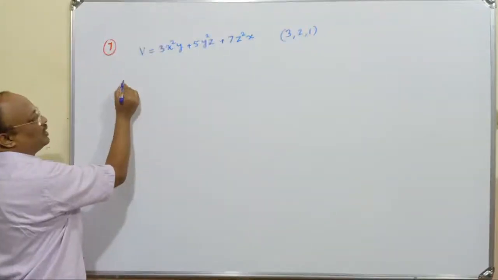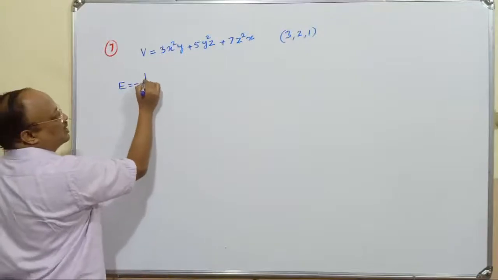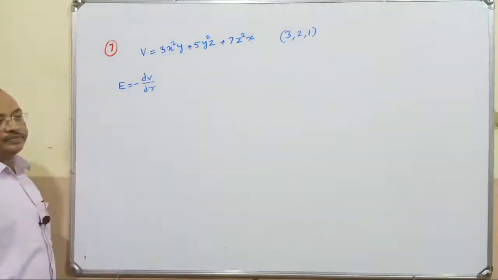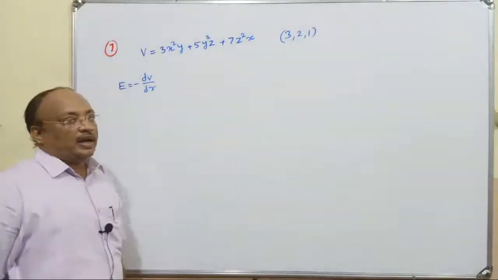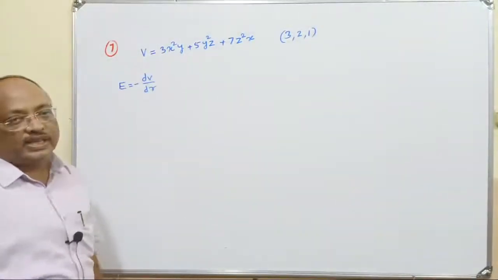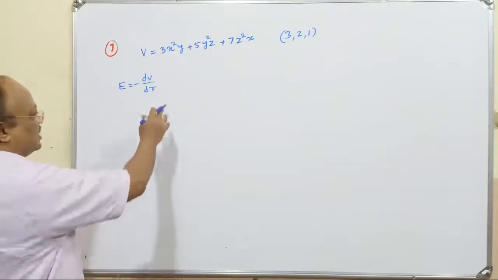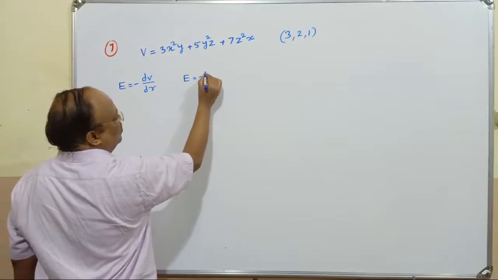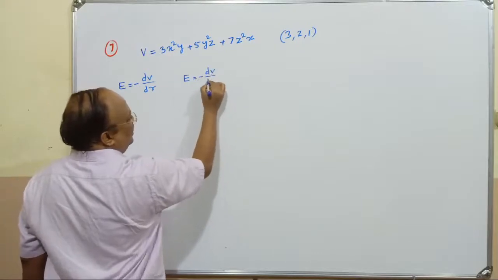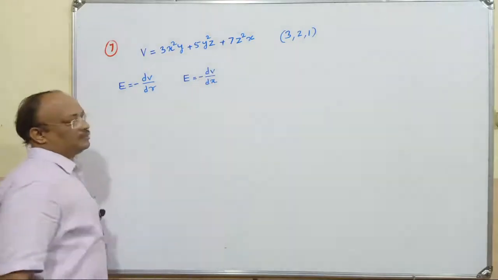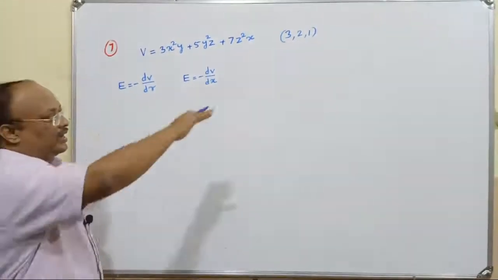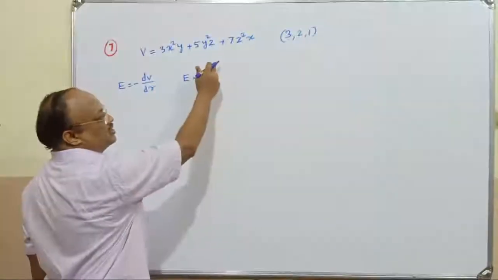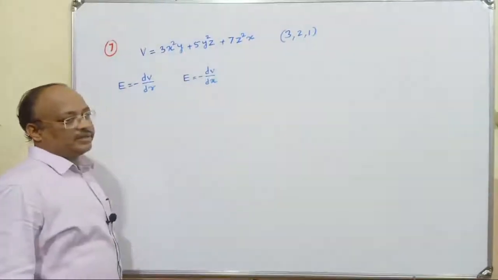E is equal to minus dV by dr. At different coordinates, the same expression we can write as: along the x coordinate, Ex is equal to minus dV by dx.